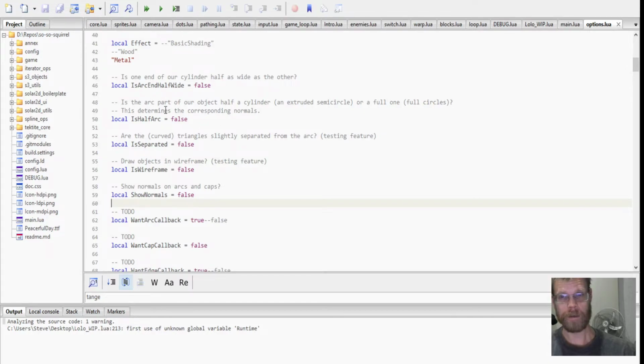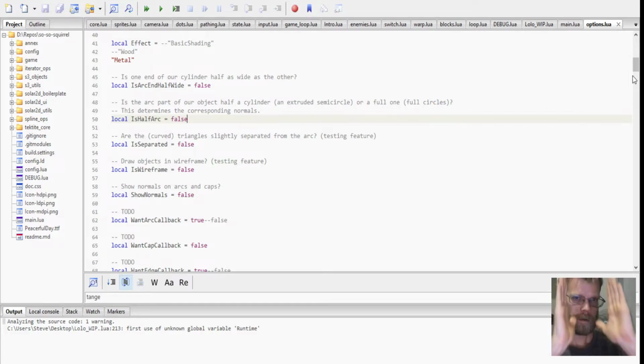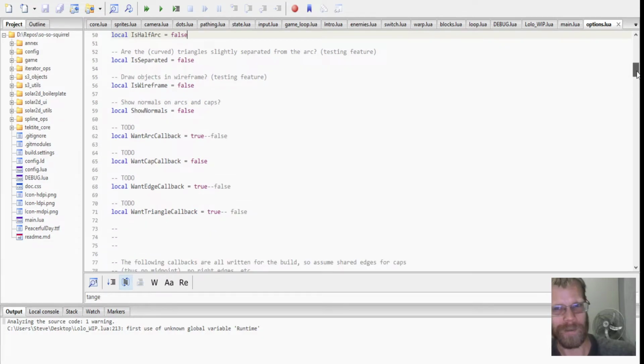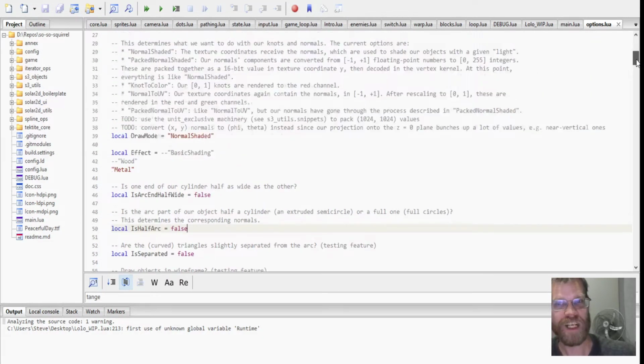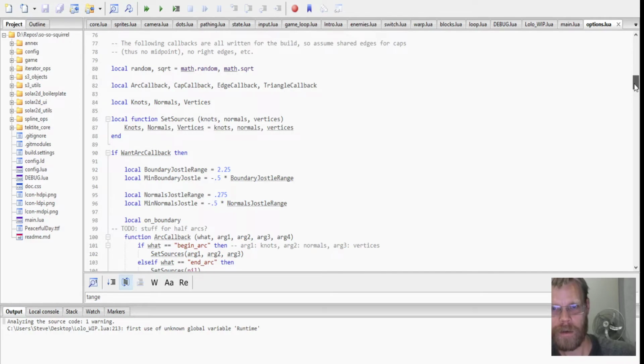So half arcs and half arc wide and everything, those are for determining whether you have a full cylinder or a semi-cylinder or a quarter cylinder, and whether it should be fat all the way or if it should narrow down as it goes. I was using that as different ways to stitch together different shapes.